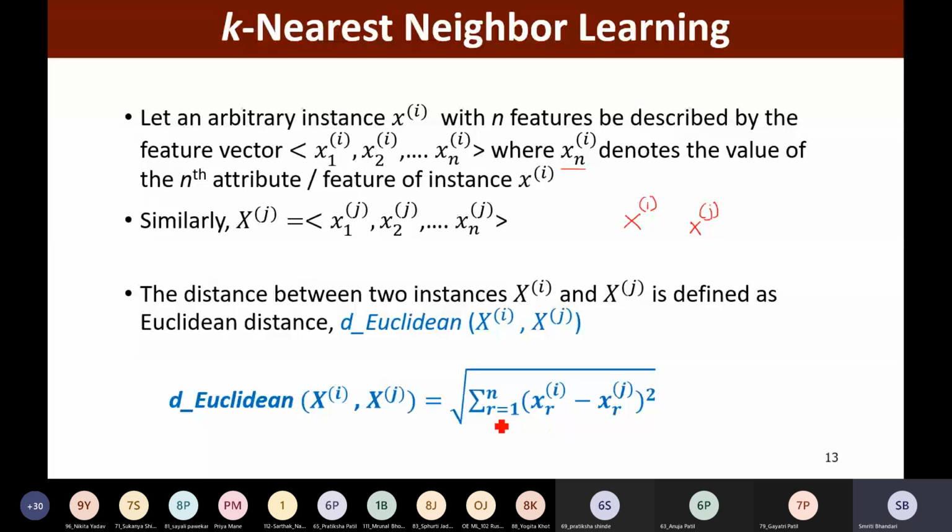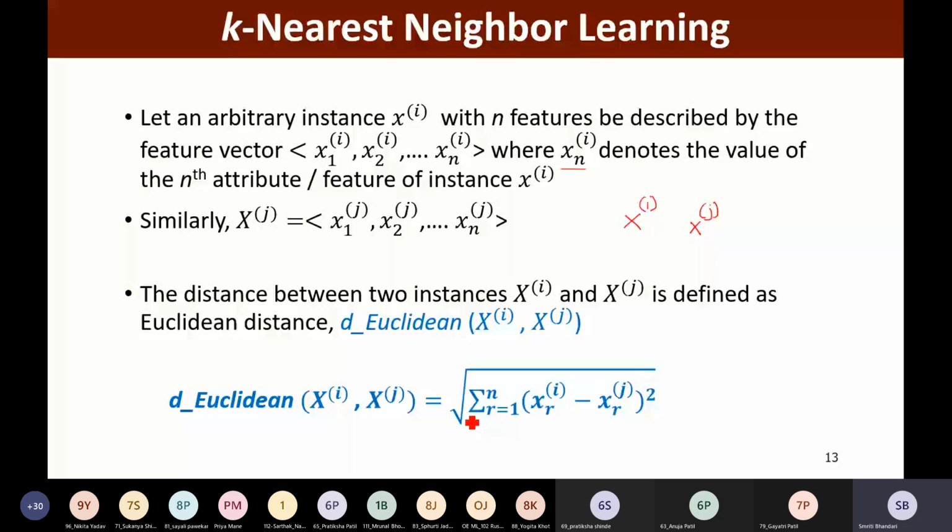If r equals 1, that means we are finding x1i minus x1j squared. Similarly, we find x2i minus x2j squared, and so on up to the number of features n. After finding the squared differences, we sum them up, and then we take the square root of that.